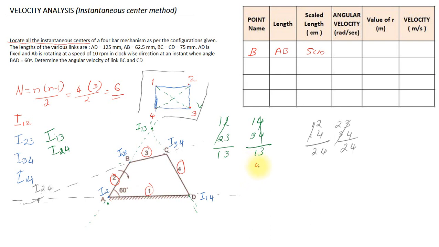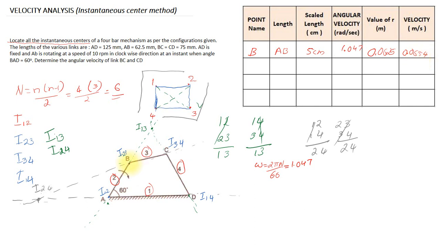Omega is equal to 2 pi N by 60, where N is equal to 10, which implies omega is equal to 1.047. In meters, the length will be 0.0625 meter. Upon calculating the velocity, V is equal to R omega, we will get the velocity as 0.0654 meter per second.